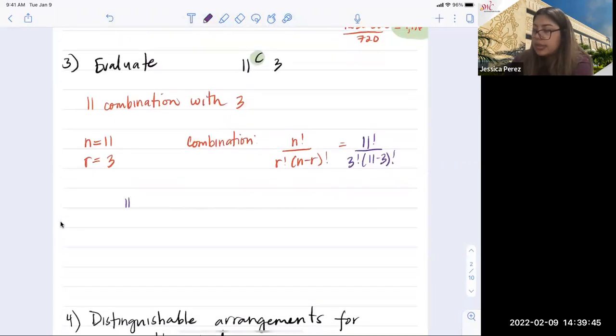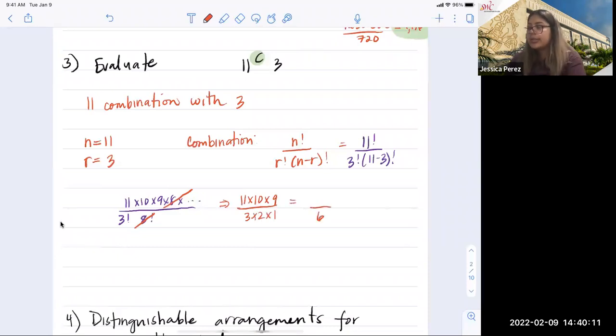11 factorial is 11 times 10 times 9 times 8 times and so on, all over 3 factorial, and then 11 minus 3 is 8 factorial. So the 8 factorial will cancel. You'll be left with 11 times 10 times 9 on the top over 3 factorial, which is 3 times 2 times 1.